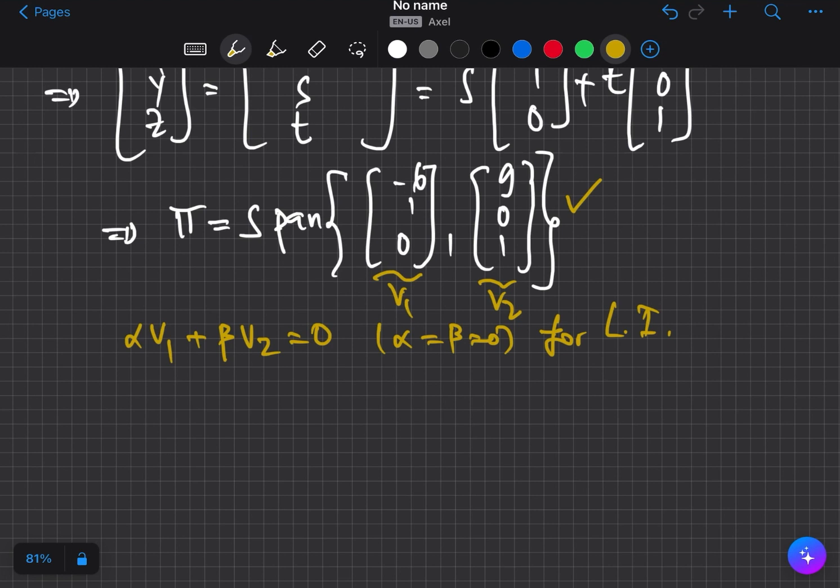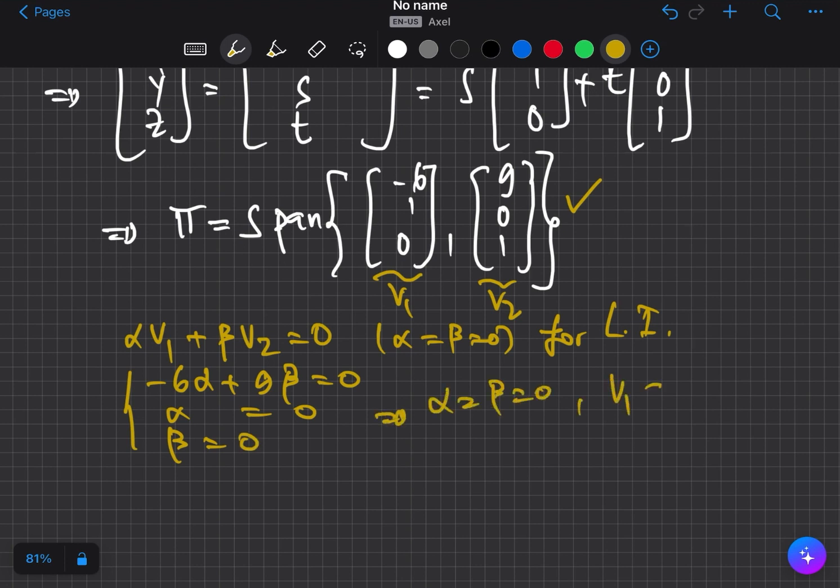So we will have minus 6 alpha plus 9 beta equal to 0, and then we have alpha equal to 0 and beta equal to 0. So we have that alpha equals beta equals 0. So V1 and V2 are linearly independent. Therefore, you can say that the basis B is V1, V2, so V1 and V2 constitute a basis.